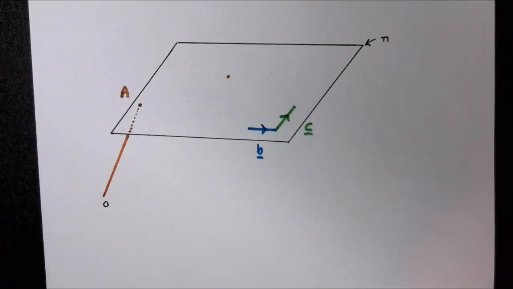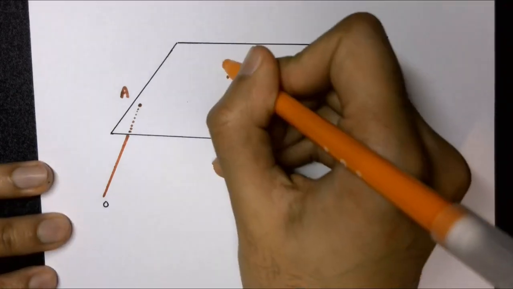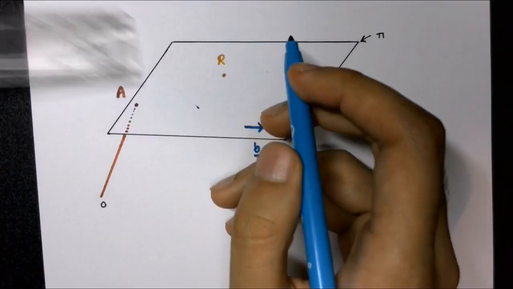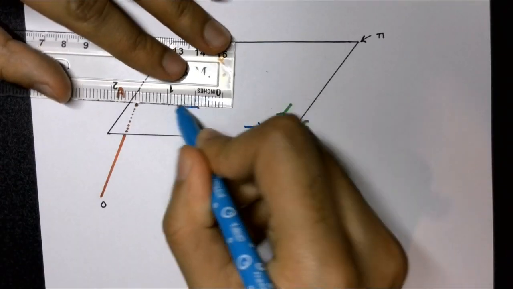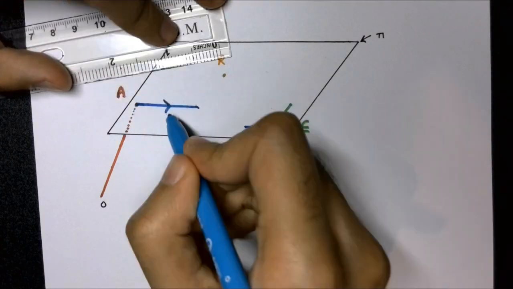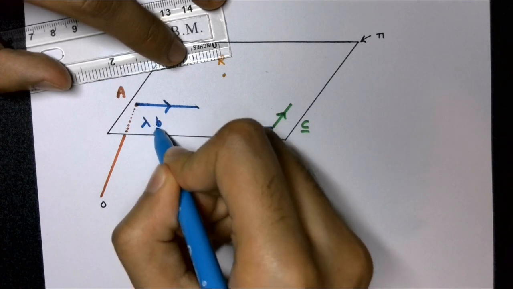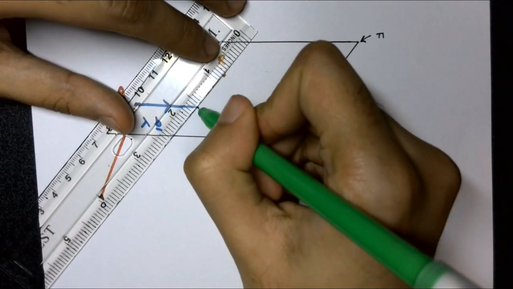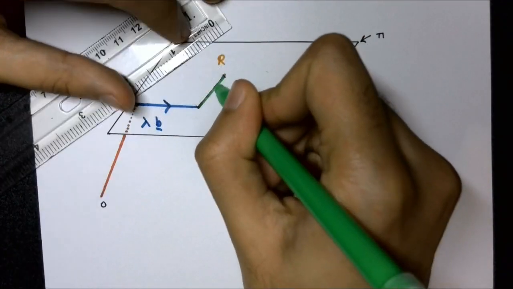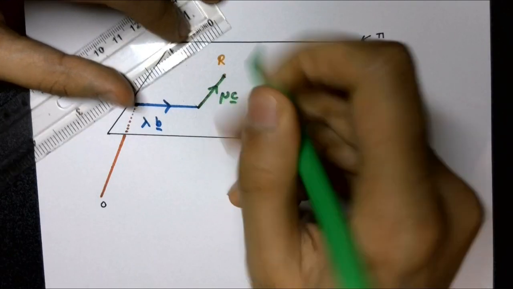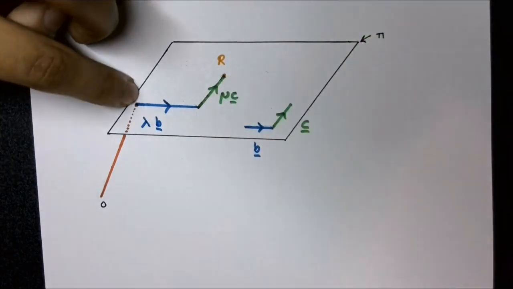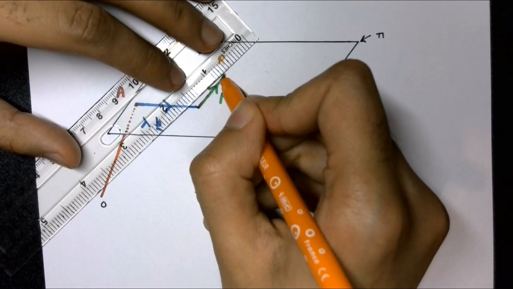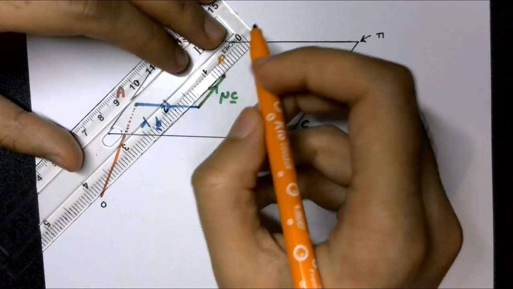So let's just try to show that. You can see here we've got the point R, we've gone over here some multiple, we'll call this multiple lambda, lots of b across, and some multiple of c, call this multiple mu, to get to this point R from this point A. And again, R is just a general point on the plane.